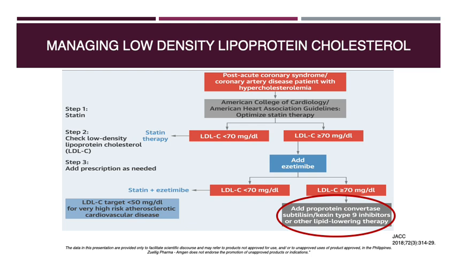And what if the LDL level is still not at goal? We combine statin with ezetimibe. However, if the LDL level is persistently above 70 milligrams per deciliter, we should add proprotein convertase subtilisin/kexin type 9 inhibitors or other lipid-lowering therapy.